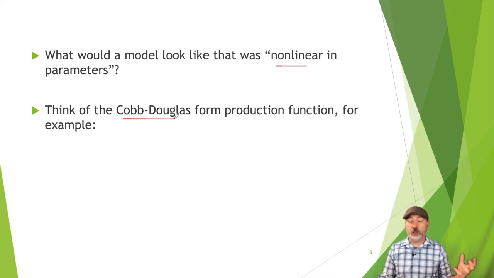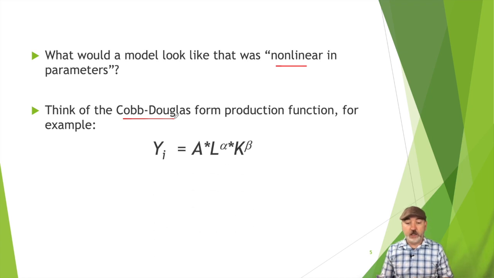So a Cobb-Douglas form production function or utility function or cost function, etc., would look something like this, where the parameters, the alpha and the beta, are in fact the exponents attached to the x variables. Here would be output as a function of our intercept, which would be representing our technological growth, labor to the power alpha, the labor share in our production function, capital to the power beta, and we would want to find the alpha hat and the beta hat.